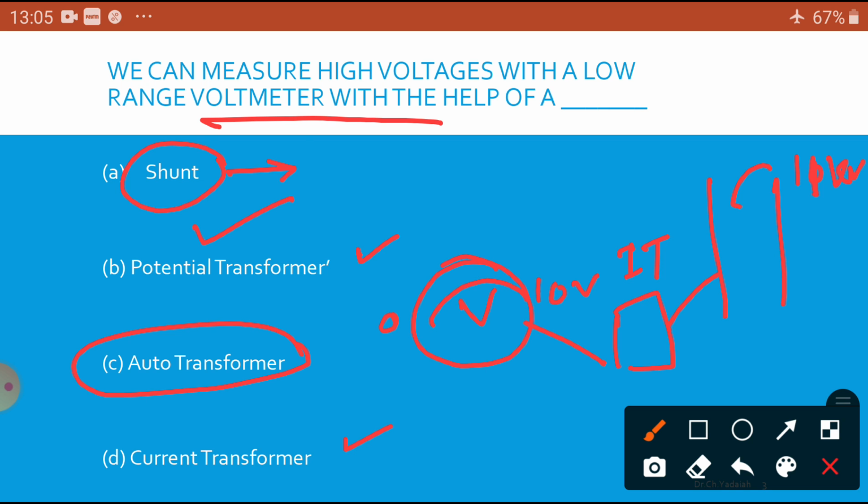The current transformer is used to measure the current. But he is asking about the voltage range, so the answer is the potential transformer. That means your small voltmeter is connected to the potential transformer, and the potential transformer is connected to the HT lines.